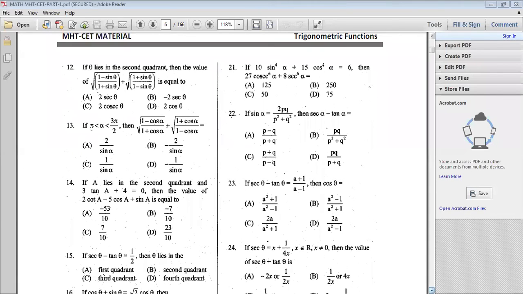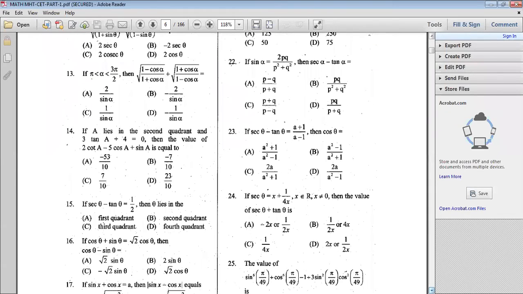Observe this problem number 14. If A lies in the second quadrant and 3 tan A plus 4 is equal to 0, then what is the value of this? A lies in the second quadrant, means A belongs to quadrant 2, and 3 tan A plus 4 is equal to 0.